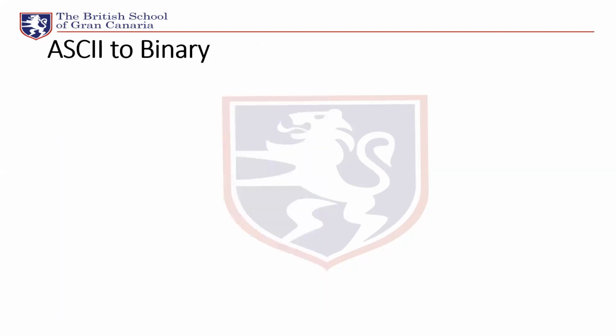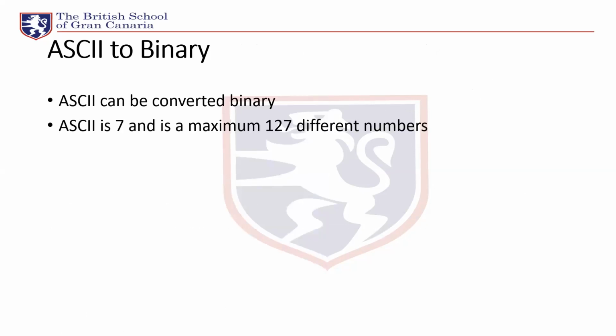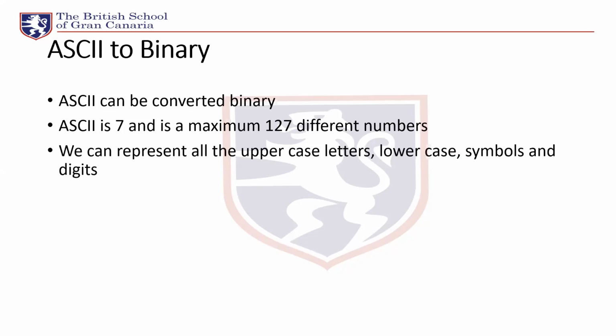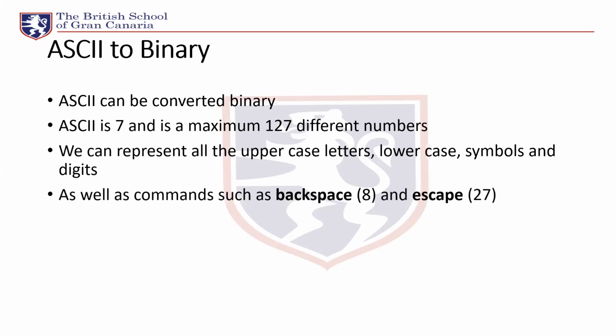Now from ASCII to binary: the ASCII has to be converted to binary. ASCII is 7 bits and has a maximum of 128 different numbers, 0 to 127. We can represent the lowercase and the uppercase letters, the symbols and the digits, as well as commands such as backspace, which is 8, and escape, which is number 27.